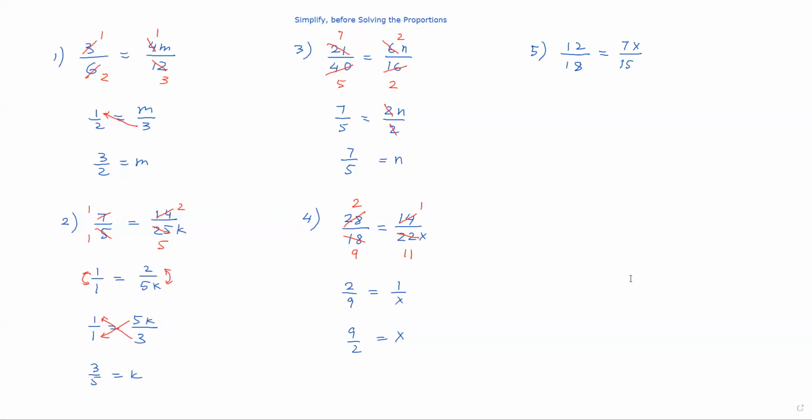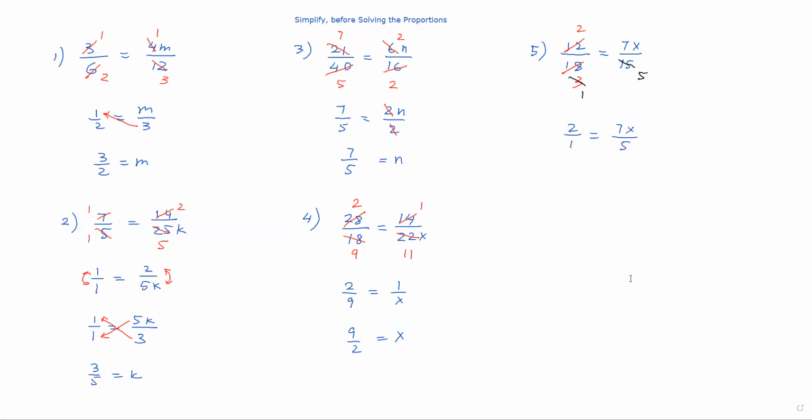Okay, let's see what happens. 12 and 18 can both be divided by 6, so this will be equal to 2 and this will be equal to 3. We can do this one more time with 3 and 15. Divide both of them by 3, like so. Now again, we carefully rewrite the simplified equation.